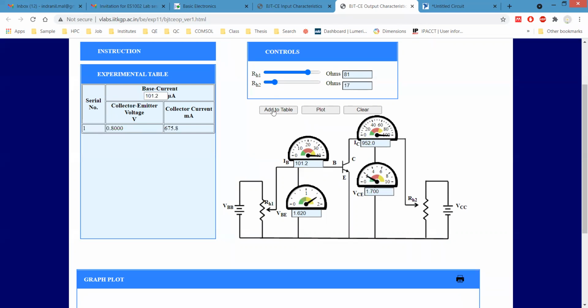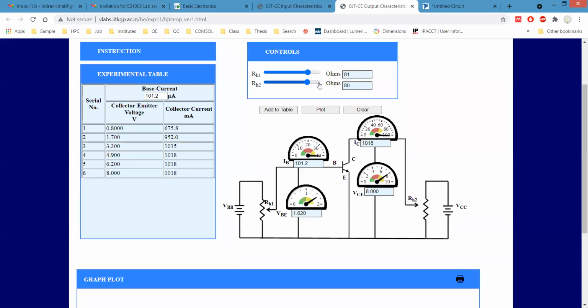So we will vary the voltage across collector and emitter, then we will note down the value of collector current. Then we will plot together. Okay, so we have the data. Very good.